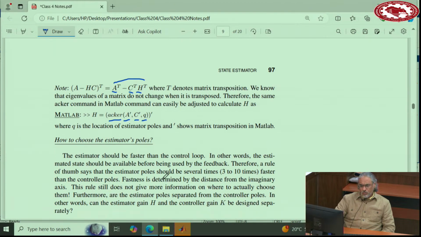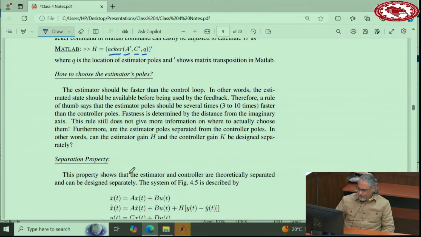How to choose the estimator's poles? Well, the fact is that the estimator should estimate the state variables or state vector and feed to the controller. And then the controller, which is the state feedback, uses those estimations to close the feedback.